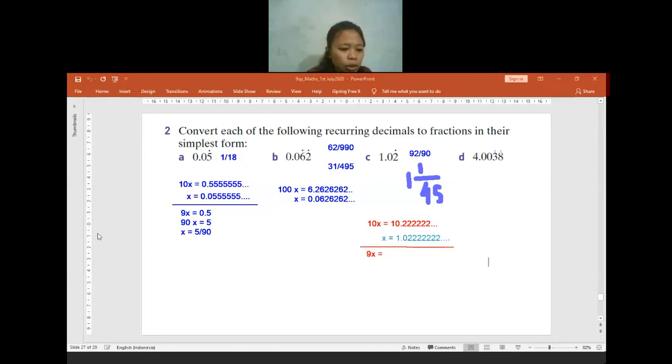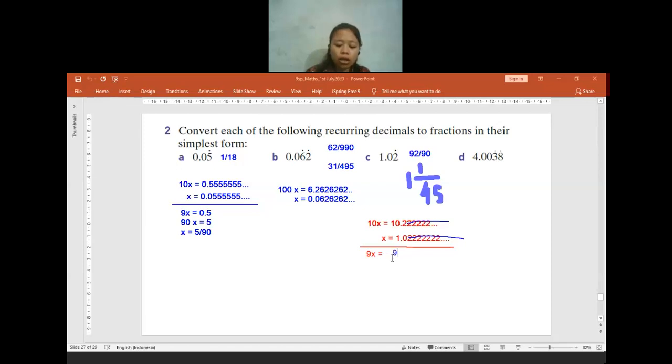Let me check to the same decimal. If you get confused, you can just cross out where the point starts to be balanced. So this 2 is the same, right? So now we only have left over 10.2 minus 1.0, so it will be equal to 9.2, right? So we write 9.2.